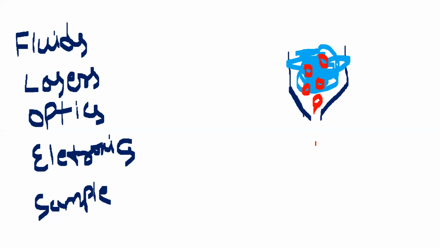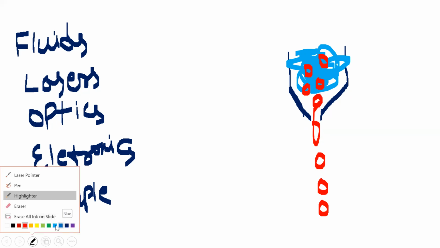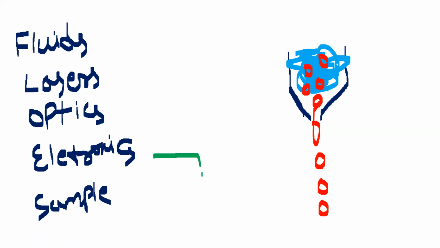Now, these cells will start coming outside this narrow tube in a single file, so only one cell is able to escape. This is called laminar flow of cells. Now I will focus a laser. So this is a laser gun.